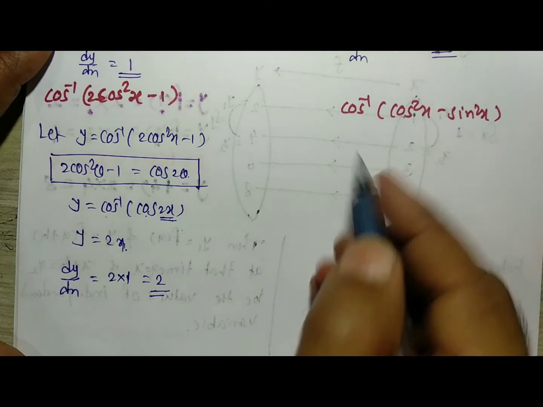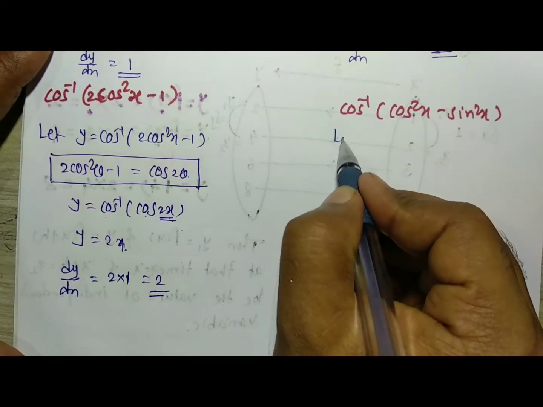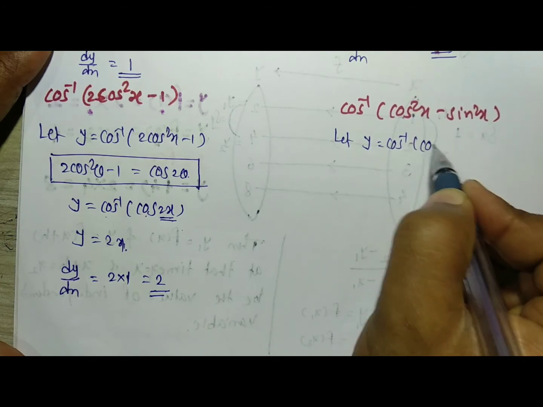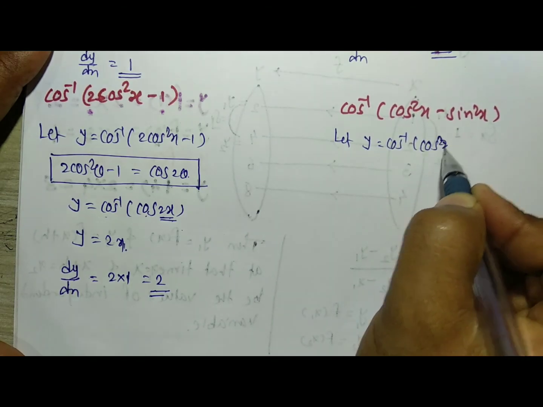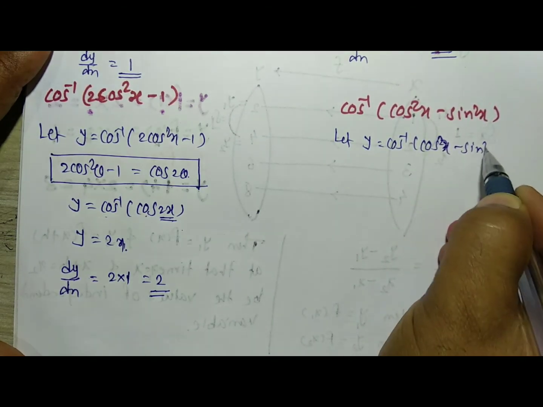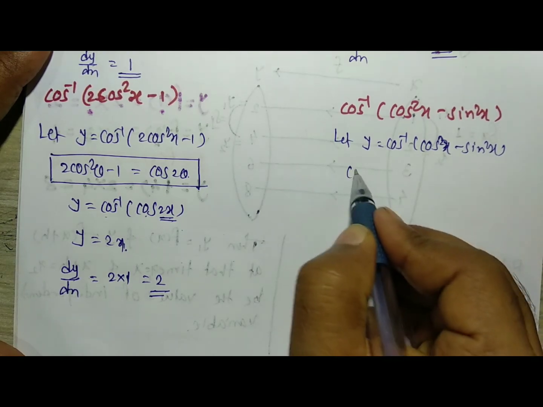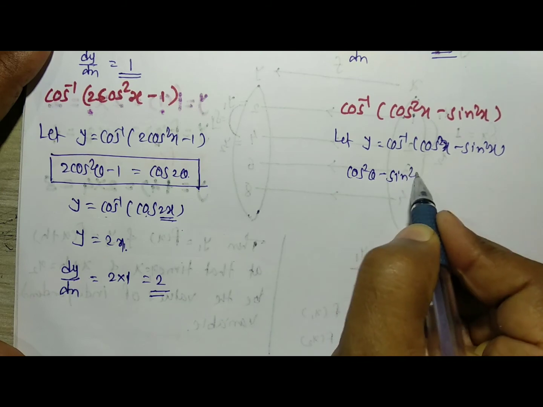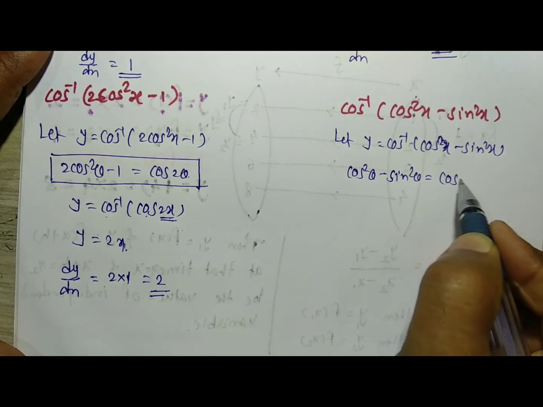Similarly, let us consider another one. Once again, let y is equal to cos inverse of cos square x minus sine square x. Once again, cos square theta minus sine square theta is equal to cos 2 theta.